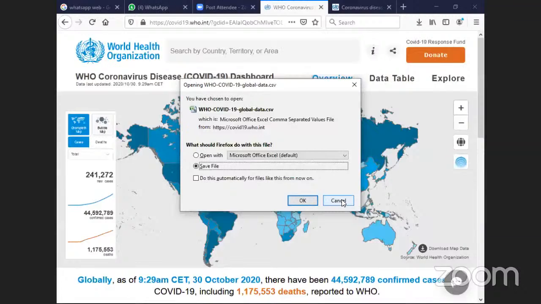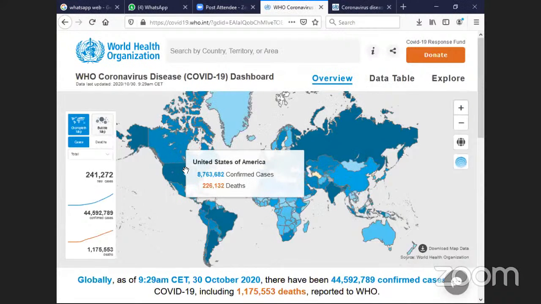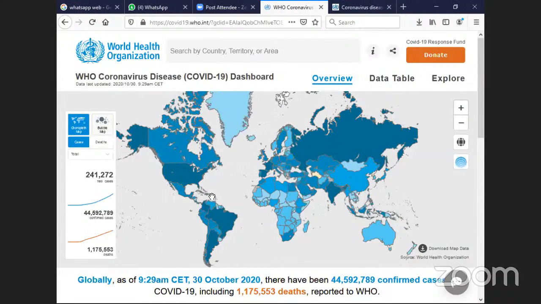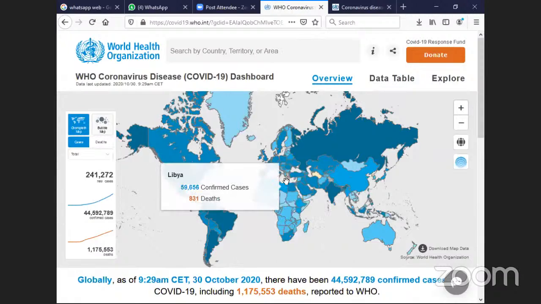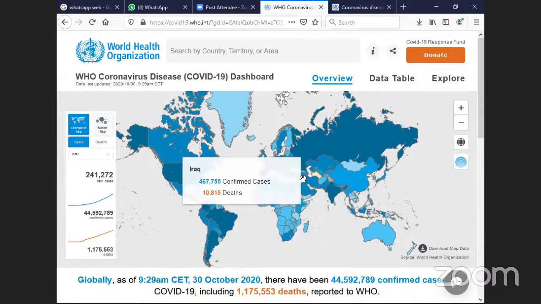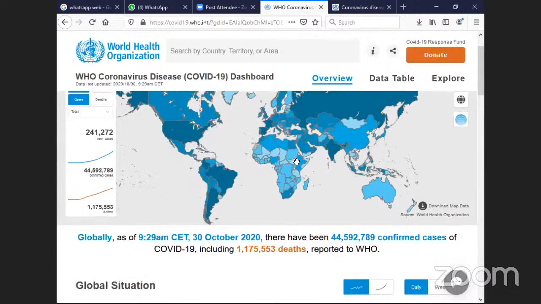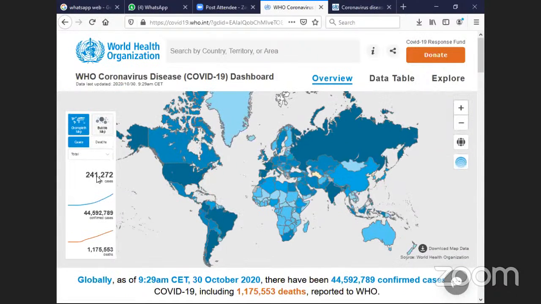Quickly, I'll show you what kind of information they have given in this dashboard. If you keep navigating to different countries and regions, you can see information concerned with how many cases were registered, how many deaths, and confirmed cases on a particular day. Besides that, you can also see the trends given here with respect to confirmed cases and deaths.